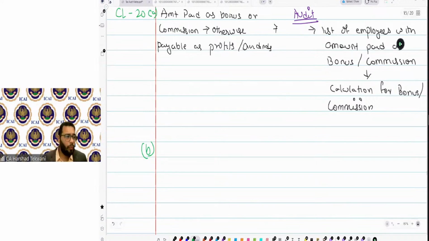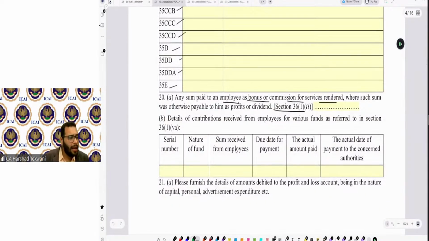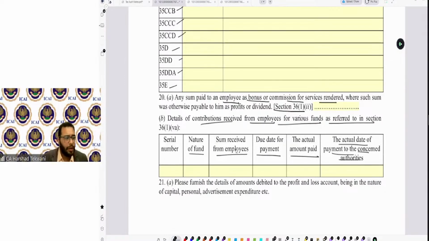In that case, I need to provide the nature of the funds, the sum received from employees, the due date for payment, the actual amount paid, and the actual date of payment to the concerned authorities. I need to provide these details.